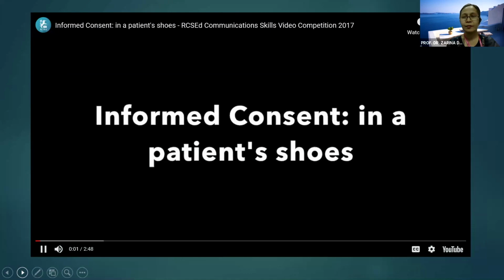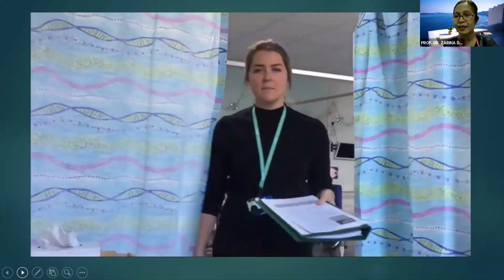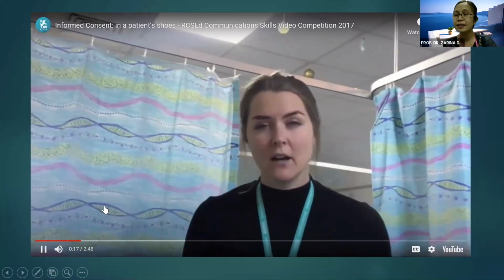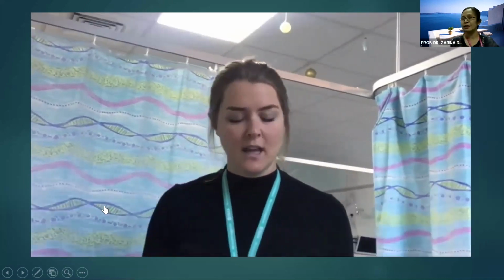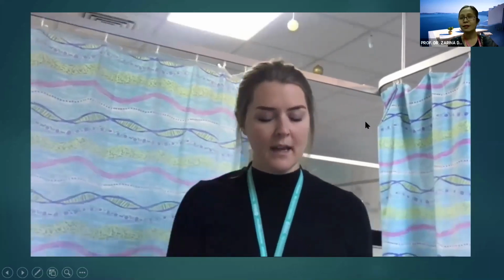Informed consent in a patient's shoes. Uninformed consent goes something like this. Okay then, Mr. Miller, we've had your blood test back, your white cells and CRP are up, so we do think it's appendicitis. What we can do for you today is take you for a keyhole operation to take your appendix out and get you better again. It's a fairly low risk operation, just a few cuts in the tummy.